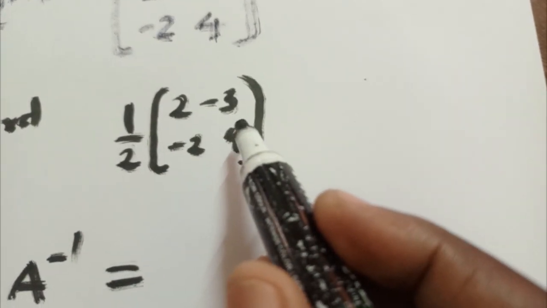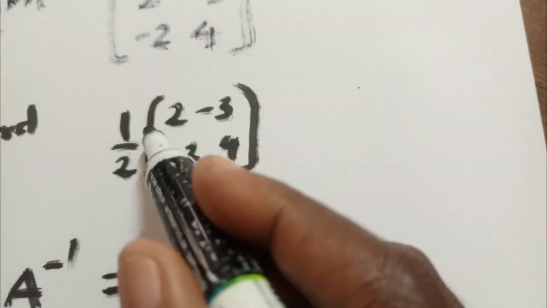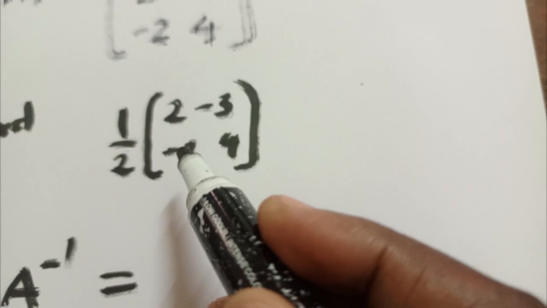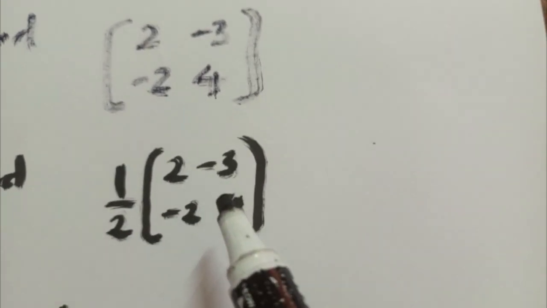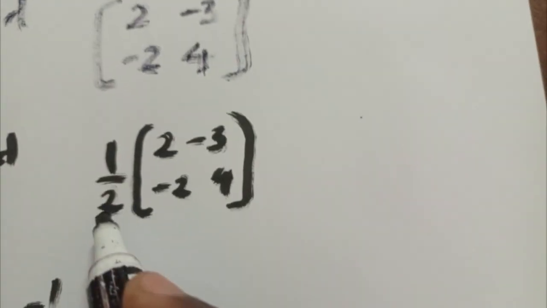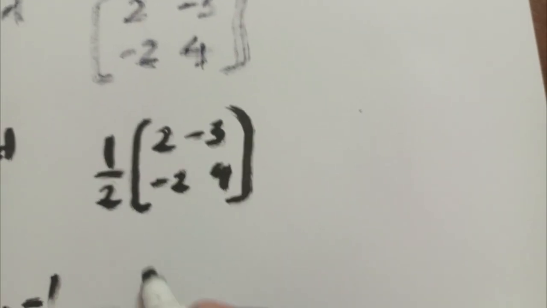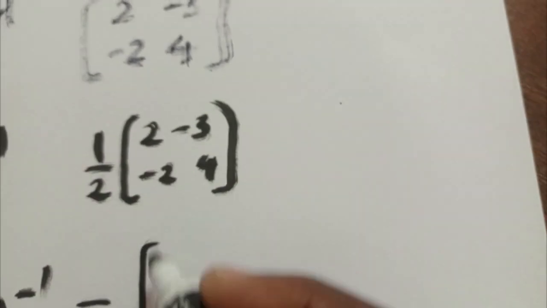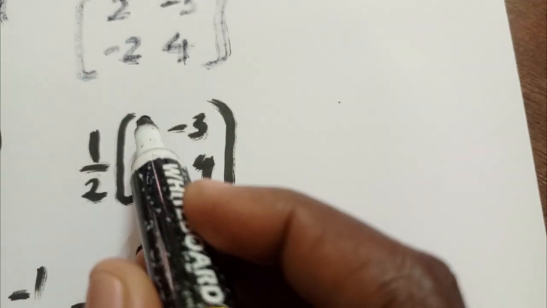Now we can open the bracket, and opening this bracket or multiplying the inverse by the matrix involves multiplying each of the elements. These numbers found within a matrix are referred to as elements. So we multiply each of the elements by the reciprocal of the determinant. In this case, we'll have 1, that is a half times 2, is 1.